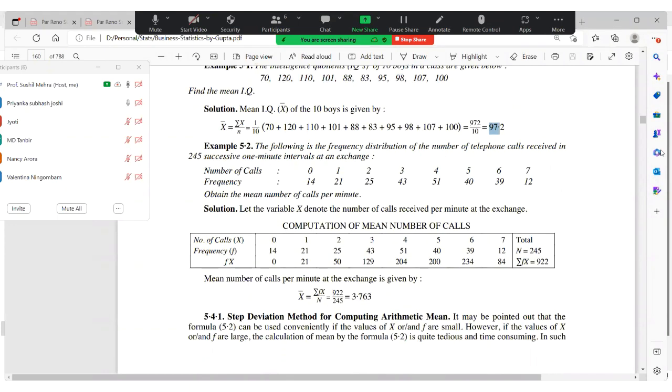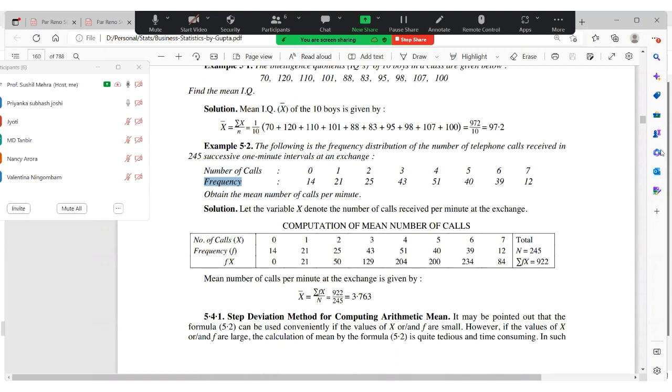This is the raw data, grouped data. First column is always the variable, and frequency is the number of times that one occurs. Here is the frequency distribution of the number of telephone calls received in 245 successive 1 minute intervals at an exchange.